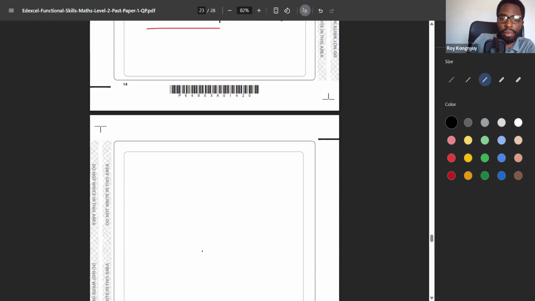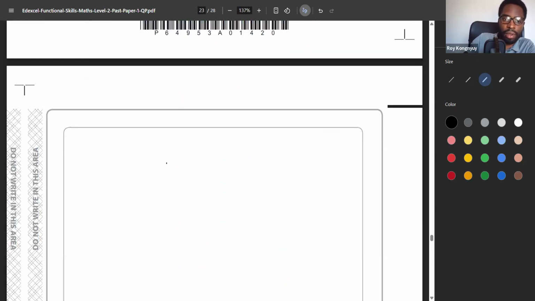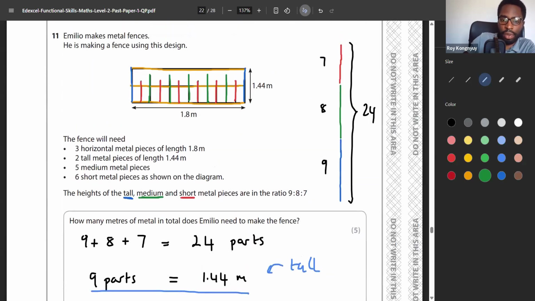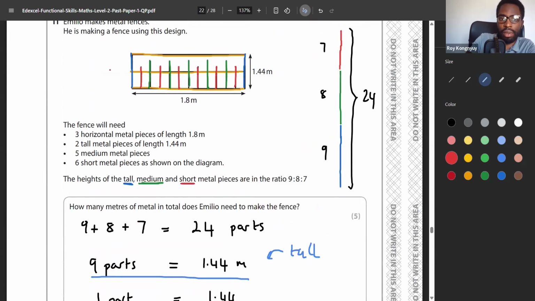So let me do that right here. Let's count how many. Let's put everything. The horizontal, there's 2 of them. The tall, there's also 2 of them. The medium, there are 4 of them. Sorry. The short, there are 6, I believe.